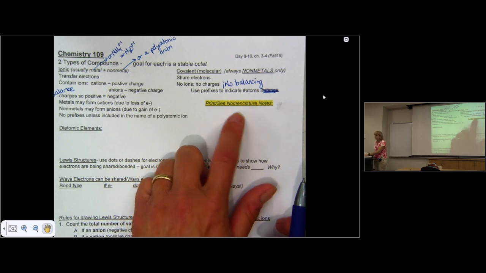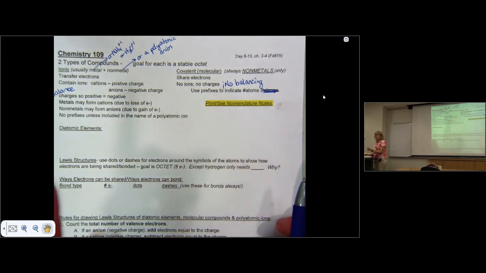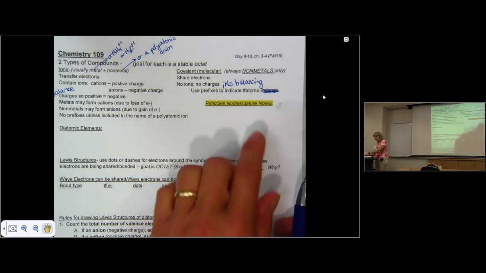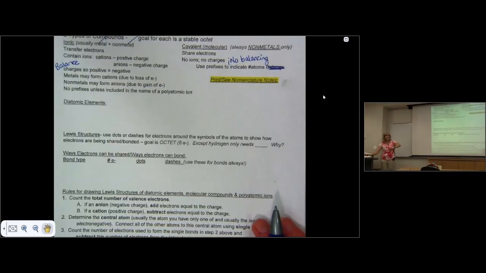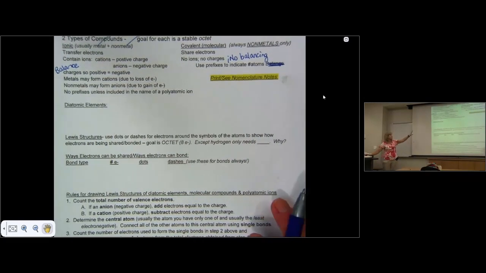But this is where students lots of times will falter, is on this material, because they don't learn their ions. They think, I don't care if I know this or not, I'm never going to have to know it. Well, then that second test, grades are down because they don't take it seriously. So you've got every avenue to learn it, but you've got to make the effort, okay? So let's move on. I'll come back here on Wednesday, but we're going to move on right now.